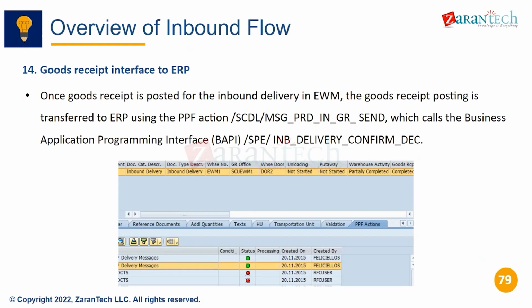In this case, the standard PPF action will be used to send the goods receipt posting back to the ERP, and a BAPI will be called inside this PPF action to do that. I will show you this when we see the inbound flow and how it gets triggered. We'll go through it in the practical.